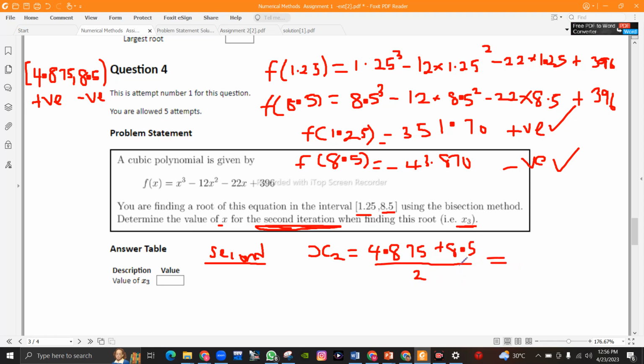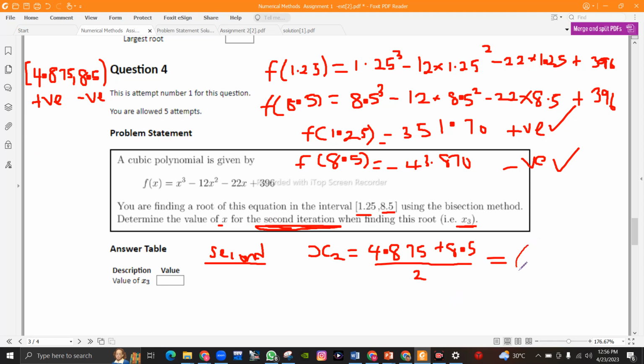The reason we can do this is because we already know that this is positive and this is negative, which means the root is in between them. So we go for the second iteration to know where the root will lie. We divide 4.875 plus 8.5 by 2.